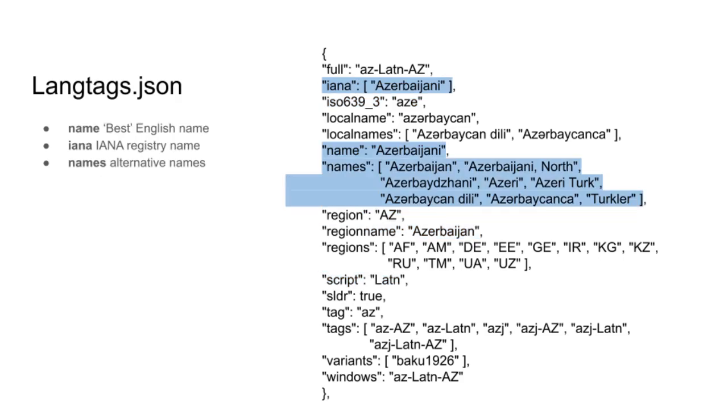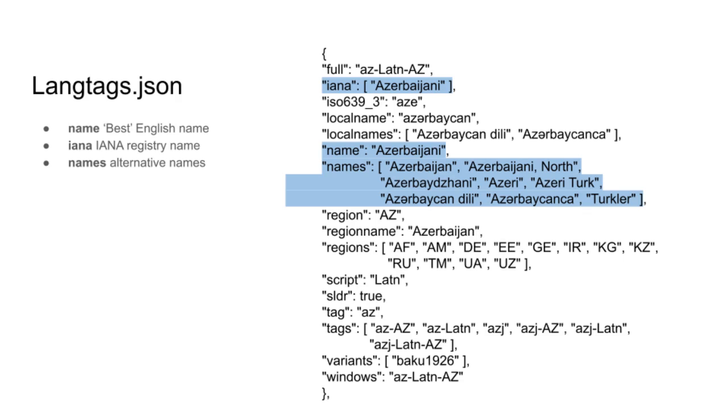Then we put some names in. Now this gets interesting. Most people are using the IANA registry, which has a lot of useful information in it. And we have the IANA list of names there. But you can get yourself into hot water because sometimes IANA uses what are known as pejorative names. The language group really do not like the name that IANA has given them. And that's a problem.